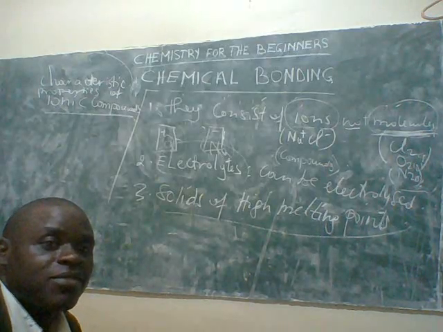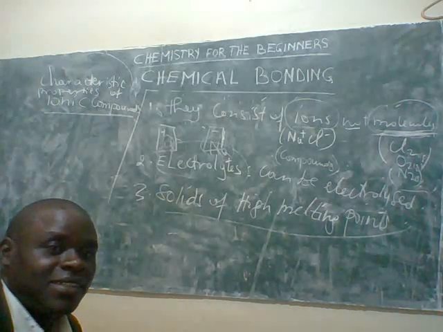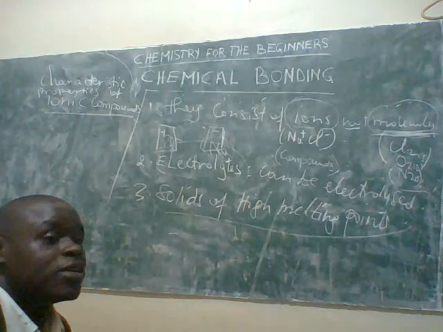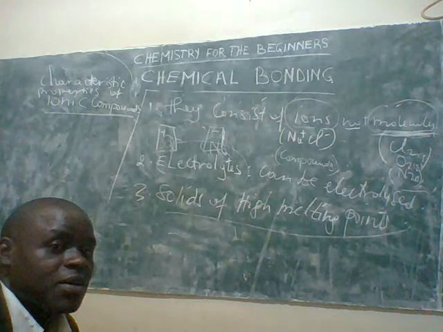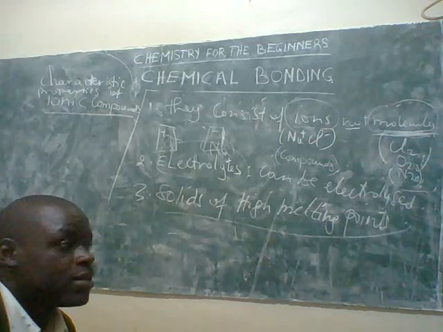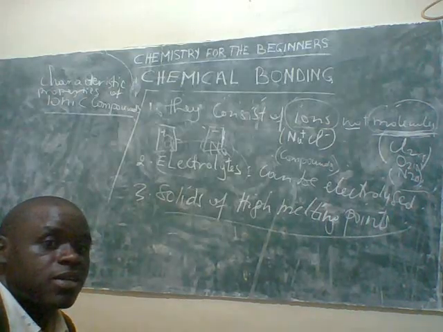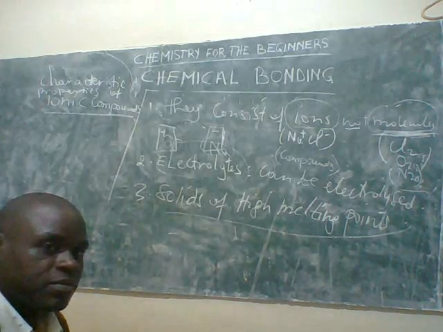The one which melts faster is sugar. But sugar, we cannot call it ionic.